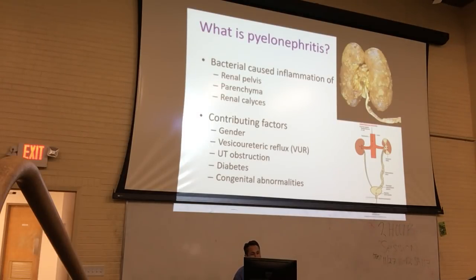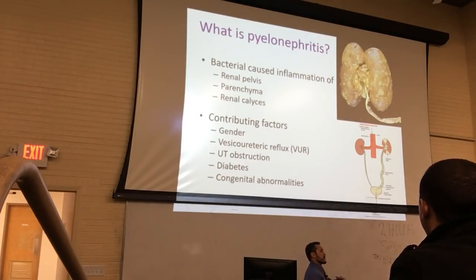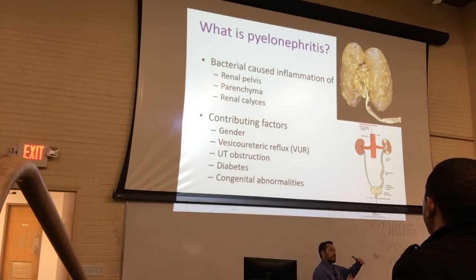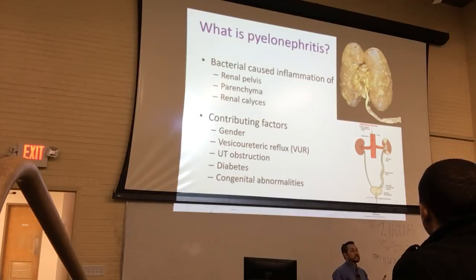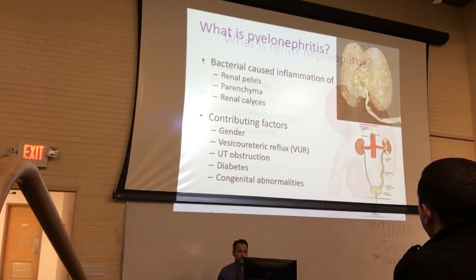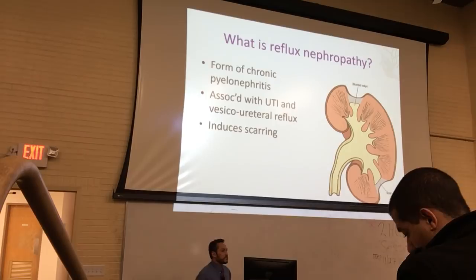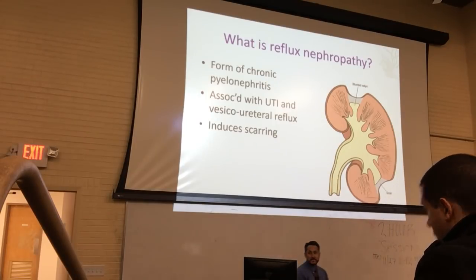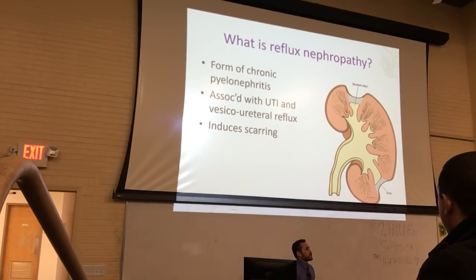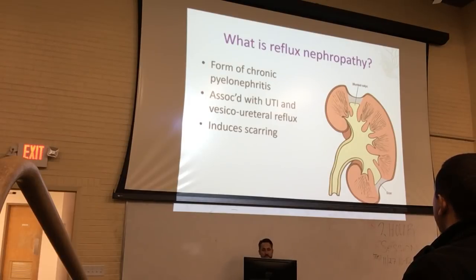the kidney tubules. And then any sort of congenital abnormality where there's a longer pathway, or it's got a larger diameter, so flow is actually reduced. Maybe there's more of a tortuous pathway, so it's harder to flush contaminants out. So the reflux nephropathy, which is our last slide, is a form of chronic pyelonephritis.